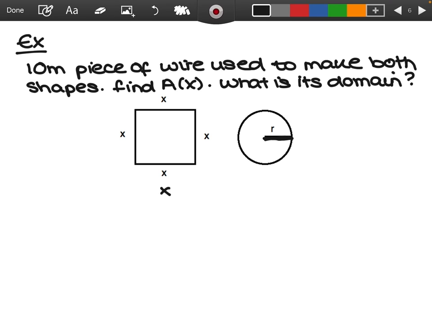So I know that the area of the square is just going to be length times width, which gives me x squared. The area of a circle is pi r squared. Okay? That's not in terms of x yet, and we want to find our area in terms of this x value.